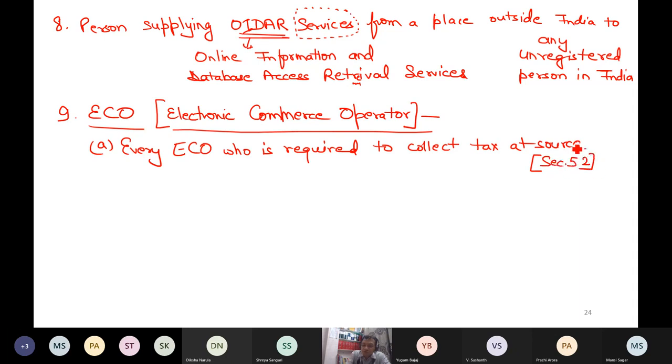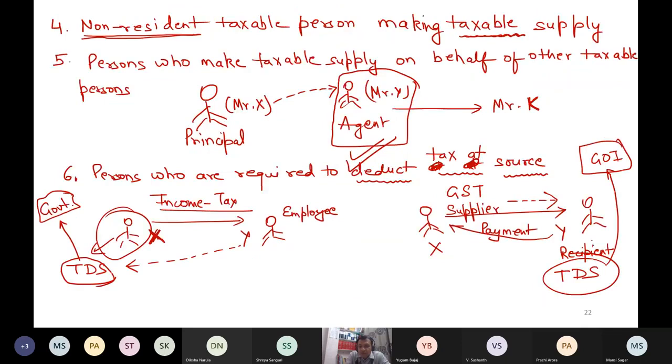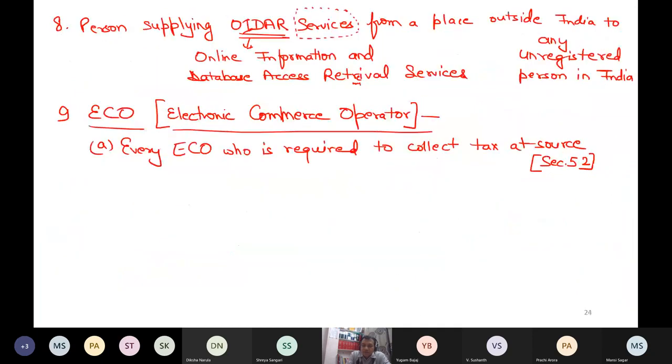Just like I told you, every person who is required to deduct tax at source, it was basically section 51. When you read the Act, I will show that it is 51, and it is 50, 52. I need to check exactly whether it is 50 or 51 or 52, but it is one of these three. Most probably it is 52. Every electronic commerce operator is required to collect tax at source.